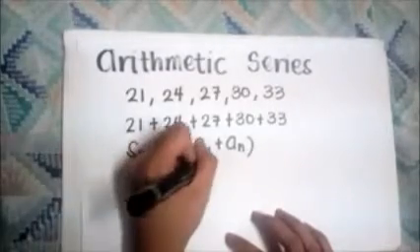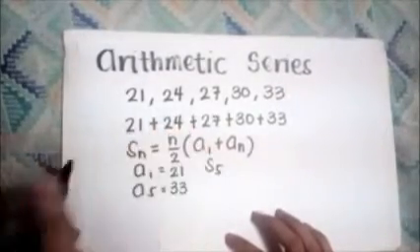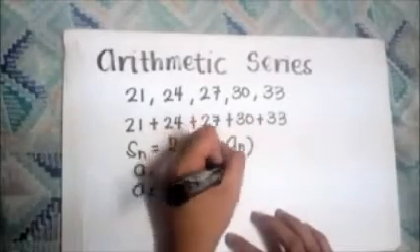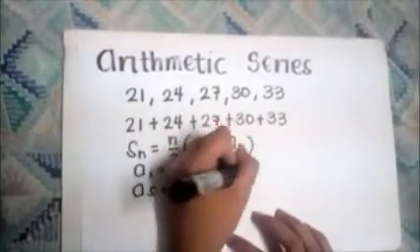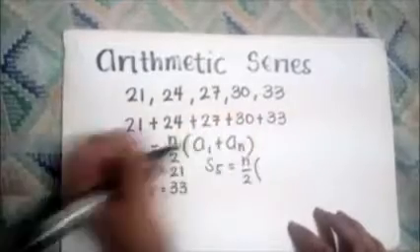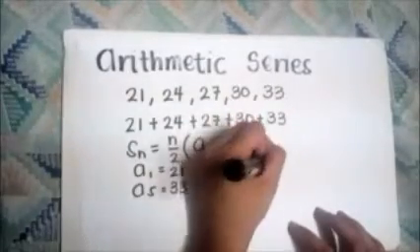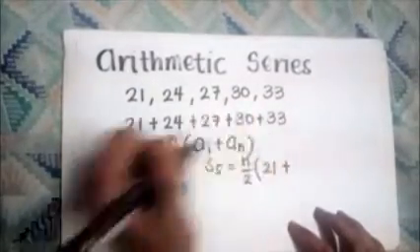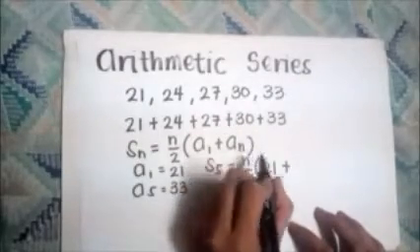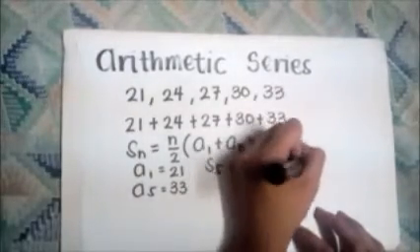Now we have to find the summation of 5, S sub 5 is equal to n over 2 times (a sub 1, which is 21, plus a sub n, which is a sub 5, 33).